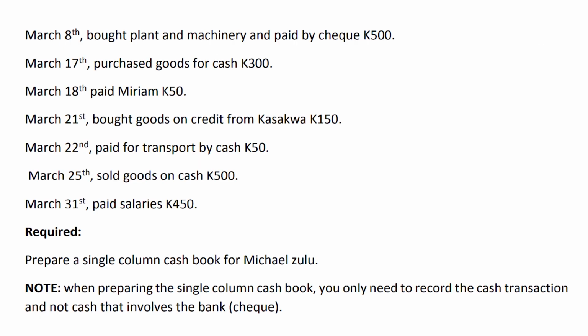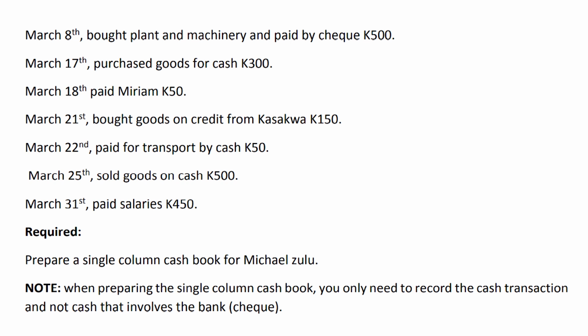Then on the 8th of March, bought plant and machinery and paid by cheque 500 kwacha. Then on the 17th of March, purchased goods for cash amounting to 300 kwacha. Then on the 18th of March, paid Miriam amounting to 50 kwacha. Then on the 21st of March, bought goods on credit from Kasakwa amounting to 150 kwacha.